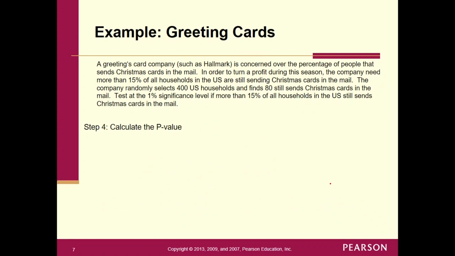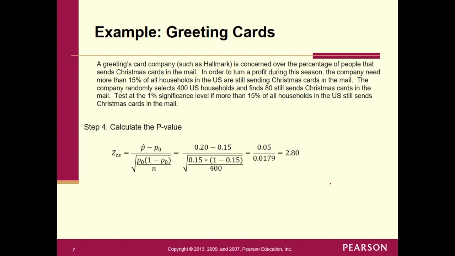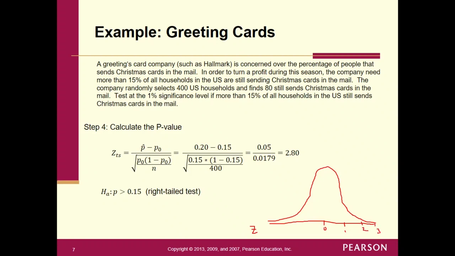Alright, calculate the p-value, your probability value. There's our test stat again, and we have a right tail test. Let's try to depict this. Here's z, here's 0, here's 1, 2, 3. 2.8 is way out here.